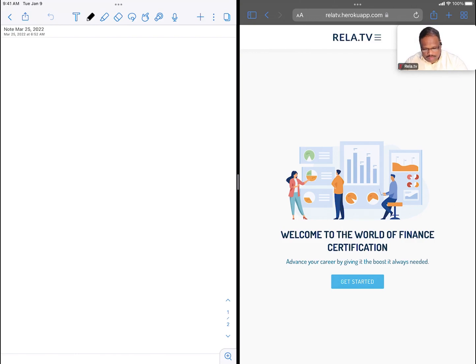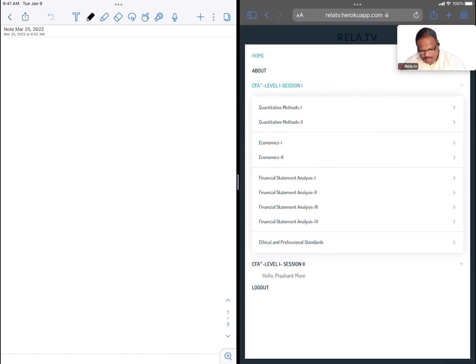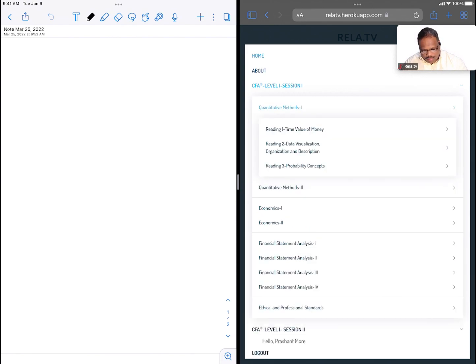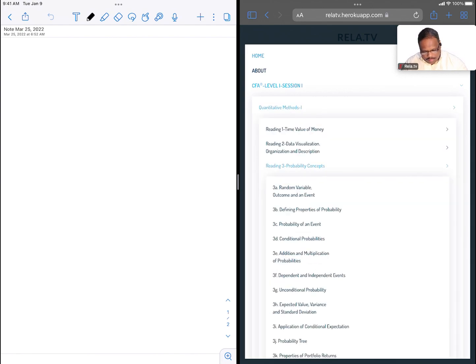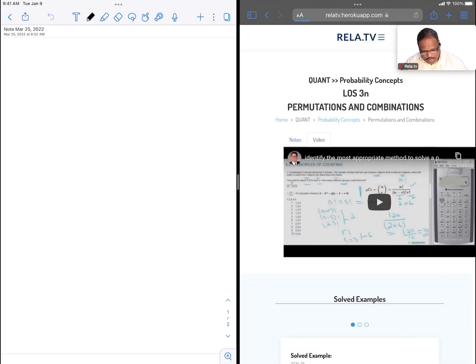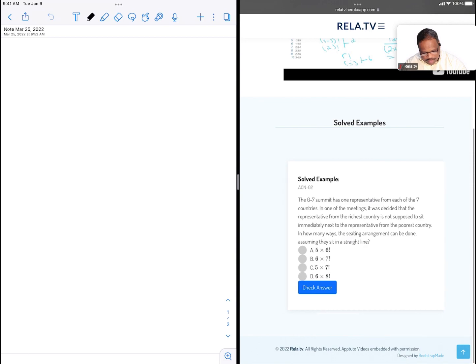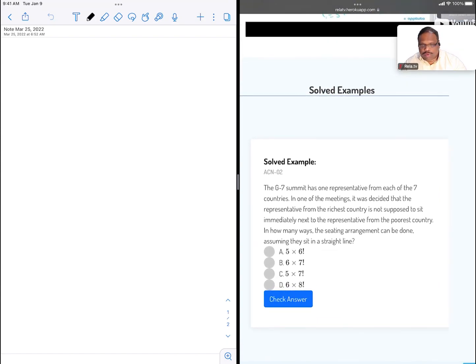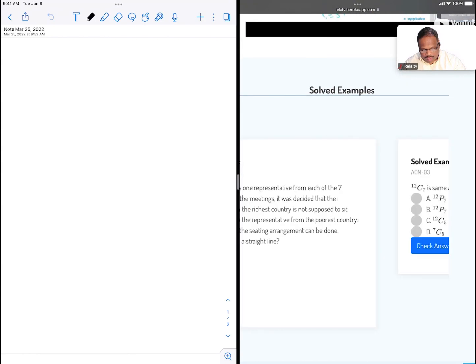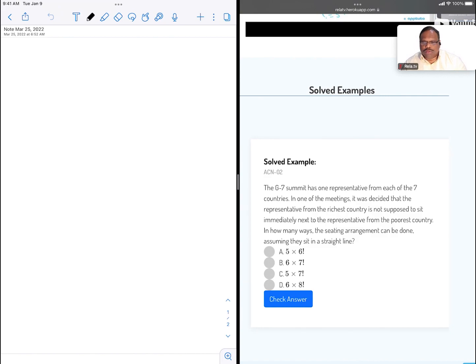So this is under Quantitative Part 1, Reading 3, Probability Concepts, permutations and combinations. We have some videos and solved examples, but we are going to solve this second problem. If you'd like to pause the video and go through the problem description, you can do that right now.